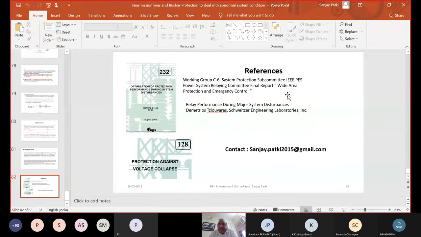So it is not really a maloperation of the Buchholz detection, but only the mercury switch tripping. The new relays are now supplied with reed relays instead of mercury switches, because mercury is now banned as a substance. Even if somebody still has an old Buchholz relay with a mercury switch in service, they should replace it with a reed relay. Okay, sir. Thank you so much, sir.